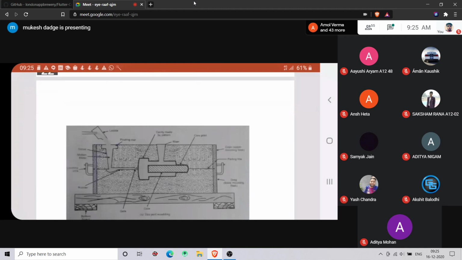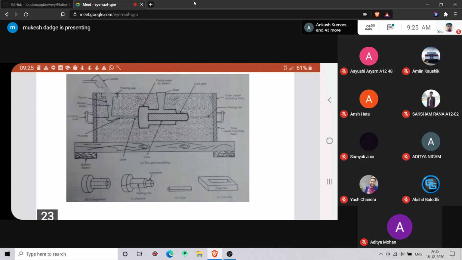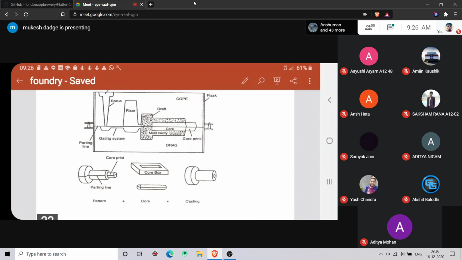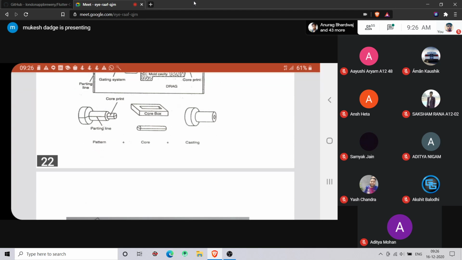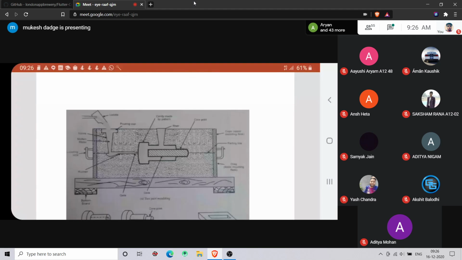If you see the same thing shown here, look at the riser position. In this diagram, it is a blind riser and it is the upper one. What is the function of this riser?